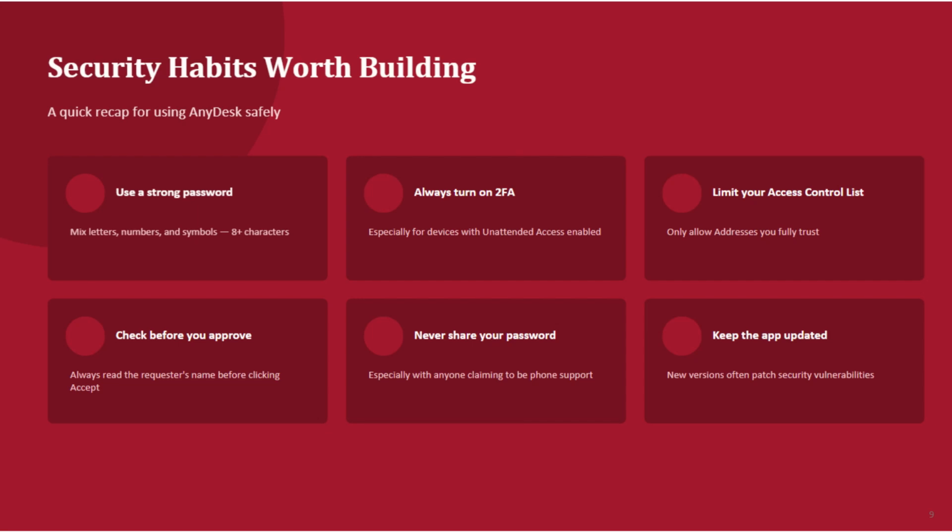Security habits worth building. Before we wrap up, let's recap a few security habits worth building. First, use a strong password. Mix letters, numbers, and symbols, at least 8 characters. Second, always turn on 2FA, especially for devices with unattended access enabled.